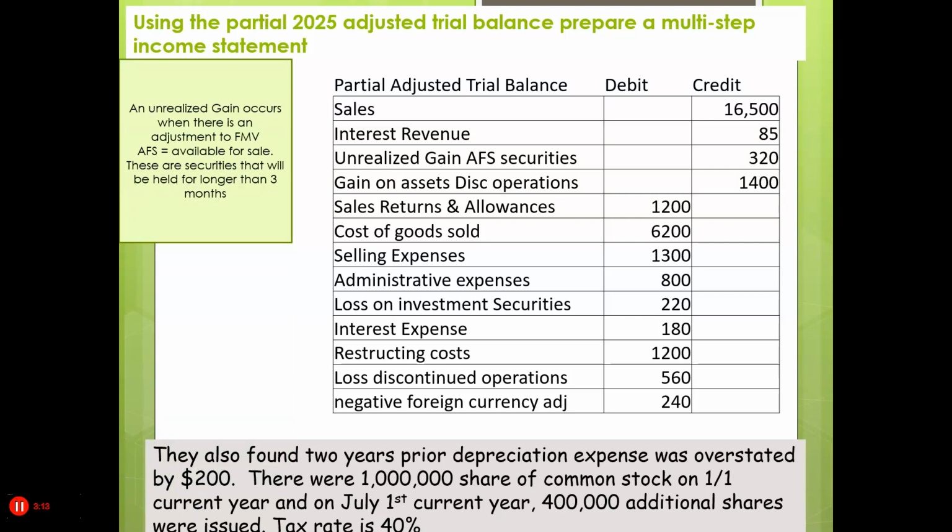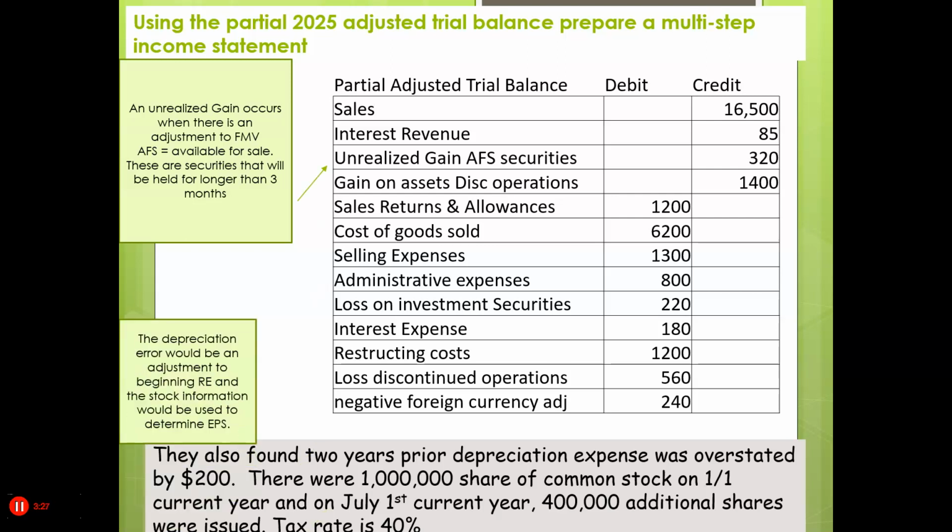An unrealized gain occurs when there is an adjustment to fair market value of available for sale securities. They're securities that are held longer than 3 months. Now, the depreciation error would be an adjustment to beginning retained earnings, and the stock information is going to be used to determine earnings per share.